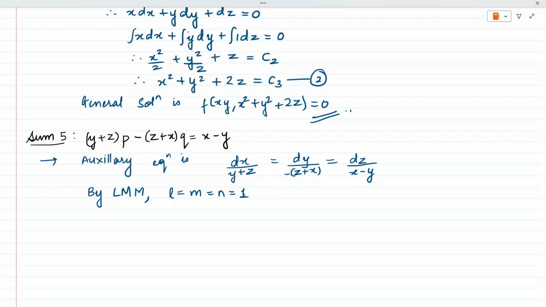Let's understand, if I put 1, 1, 1 each, I'll get dx over y plus z, dy over negative z, negative x, and dz over x minus y. Because I've put in 1, 1, 1, I'll have dx plus dy plus dz, and denominators will get added.